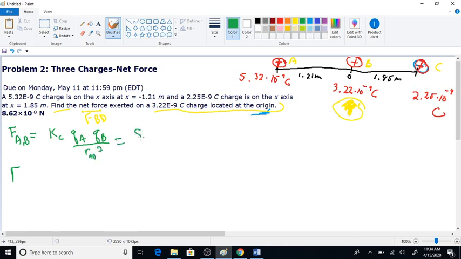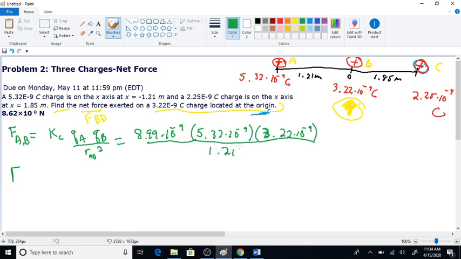So let's fill in there: 8.99 times 10 to the 9th, and Q_A is 5.32 times 10 to the minus 9, times B's charge, 3.22 times 10 to the minus 9, all over 1.21 squared.